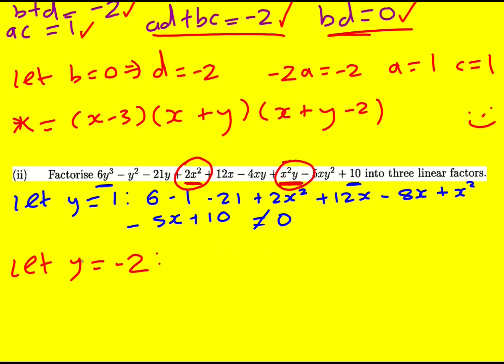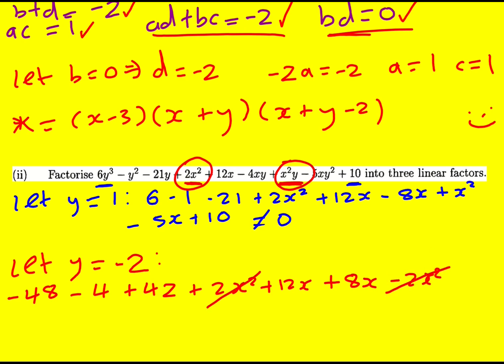So 6 times minus 8 is going to give minus 48, then minus 4 plus 42 plus 2x squared plus 12x plus 8x minus 2x squared, those two cancelling as we wanted. Squaring that will give 4, so minus 20x plus 10. And the 12x plus 8x cancels to minus 20x.